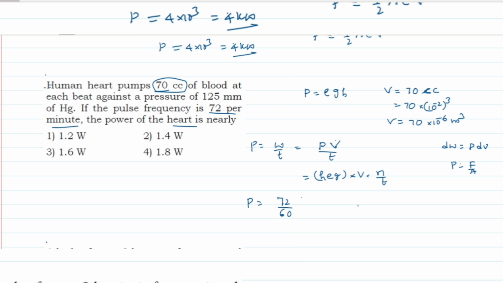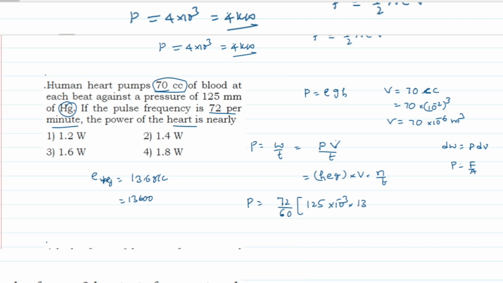H is 125 millimeter, that is 10 power minus 3 into mercury. Density of mercury is 13.6 gram per cc or 13,600 kilogram per meter cubed.